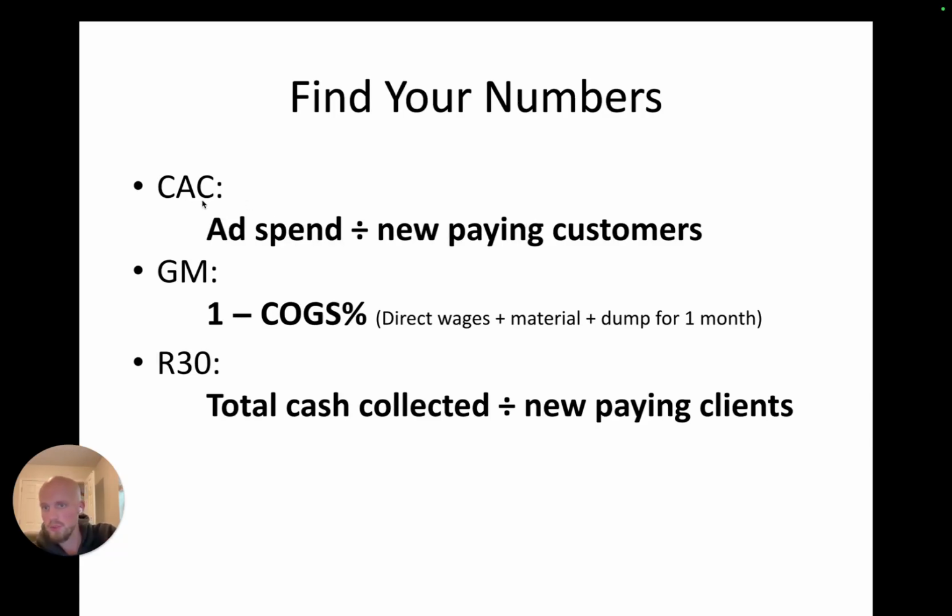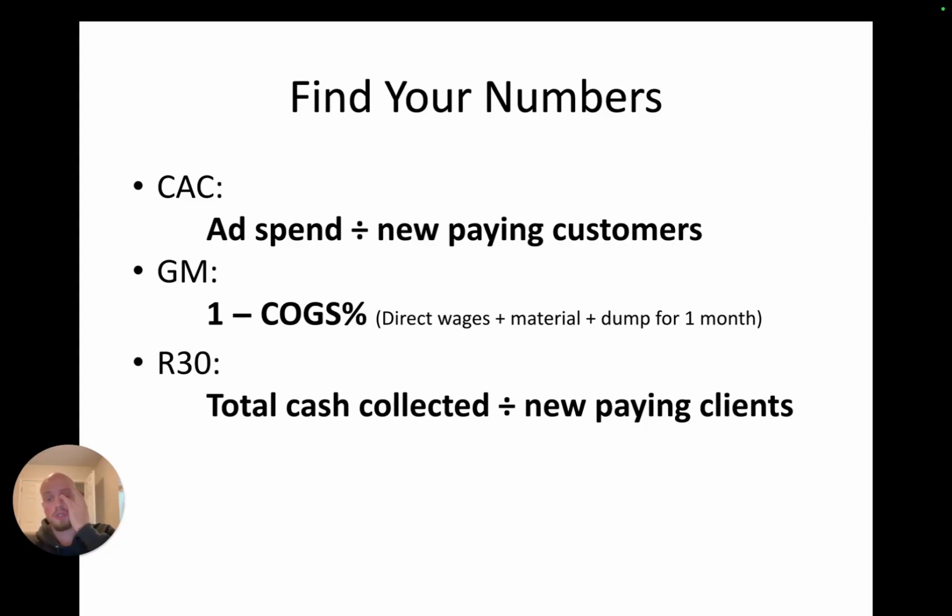So, finding your numbers. Customer acquisition cost: take your total ad spend. If you're doing door hangers, those are really cheap, but I would include the cost of wages to put them out. If you're running ads, take what you're spending on the ads, maybe plus a little bit of time for management. Divide that by how many new paying customers you got from those marketing campaigns.